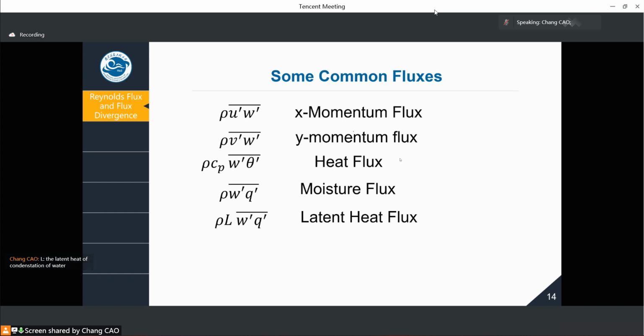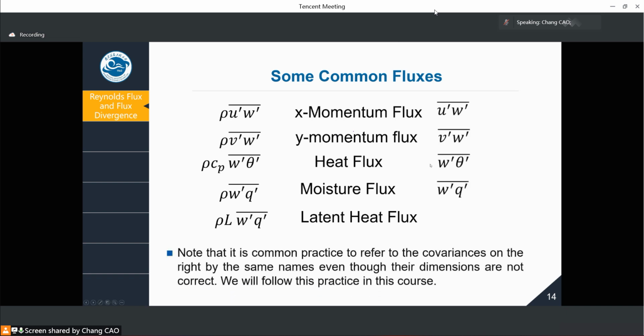And sometimes it is common practice to refer to the covariance on the right, like this, by the same names, even though their dimensions are not correct. We will follow this practice in this course. So why should we add rho, air density, Cp, the specific heat of air at constant pressure, or L?